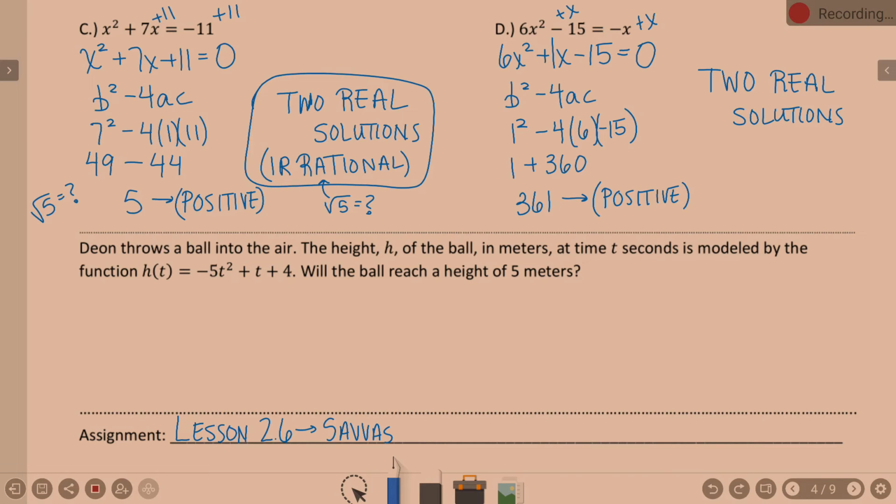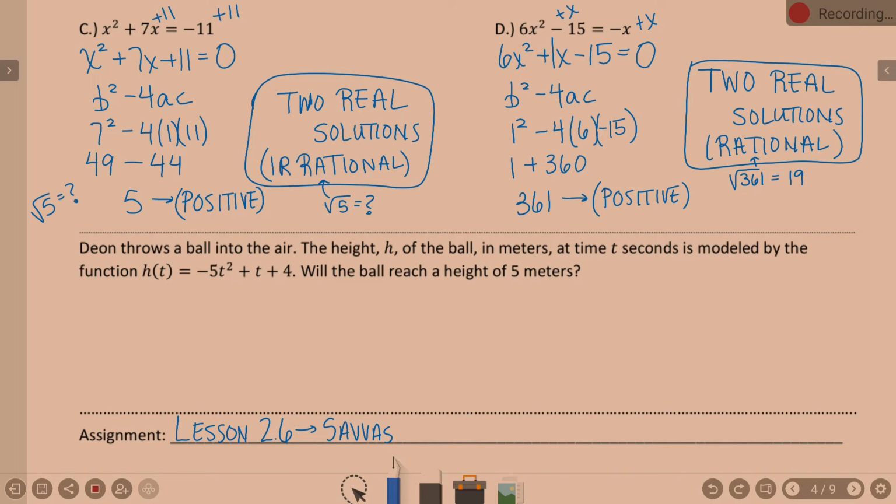If you check on your calculator, square root of 361 is 19. I can actually do that square root, can't I? And so that's going to make these rational solutions. Okay, so that's how we can use the discriminant.